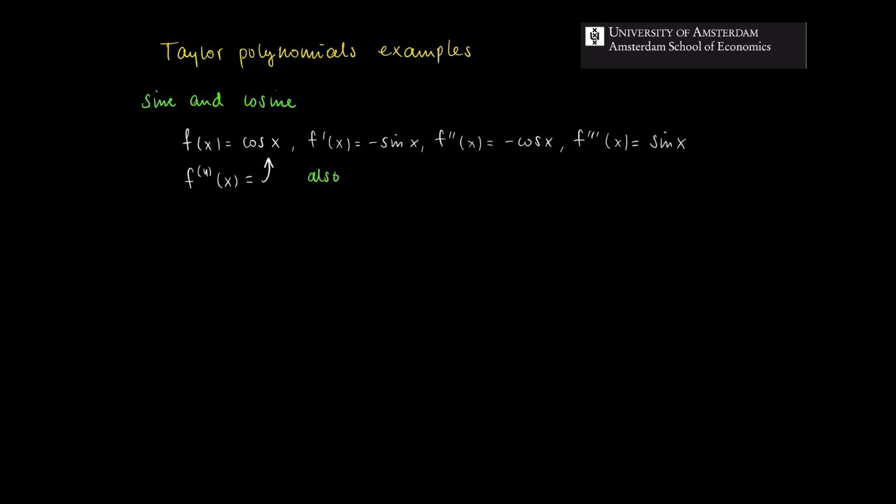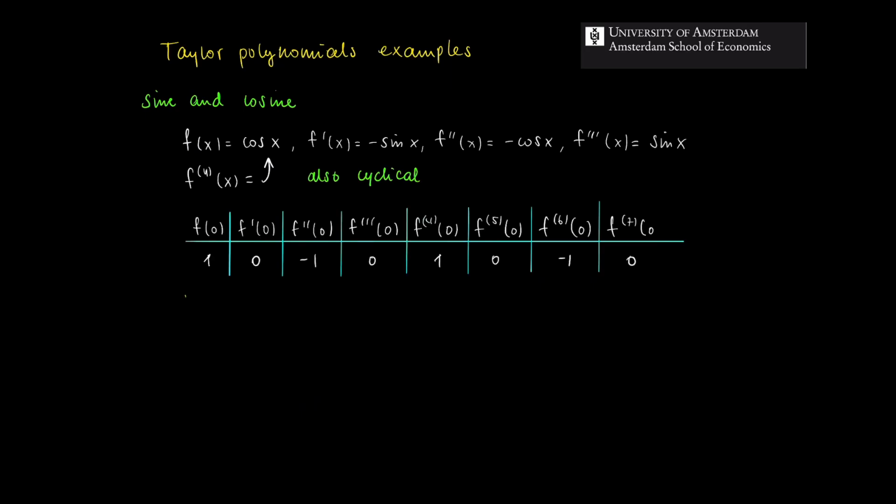So again, also here we see, just as for the sine, we get a cyclical pattern, and now the derivatives I do a little bit faster. f(0) is 1, f prime 0, which is a sine, will be 0, just as the third order derivative, right?